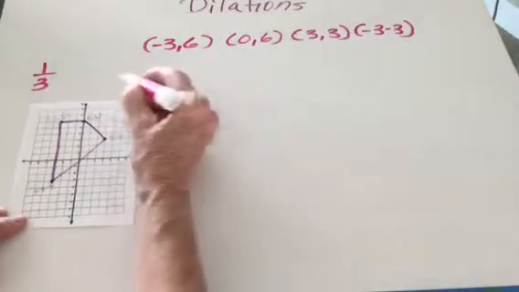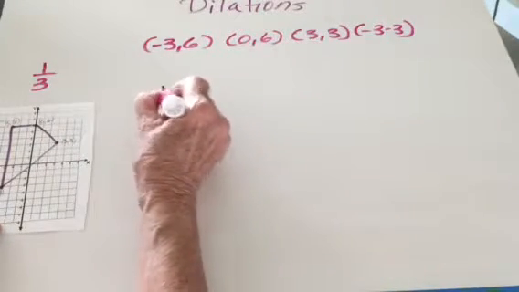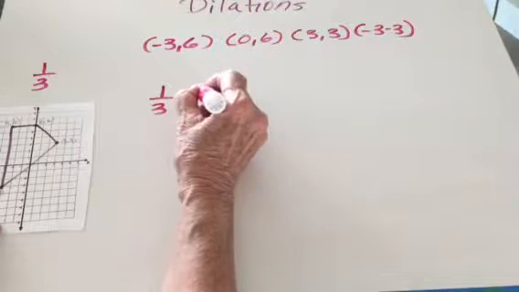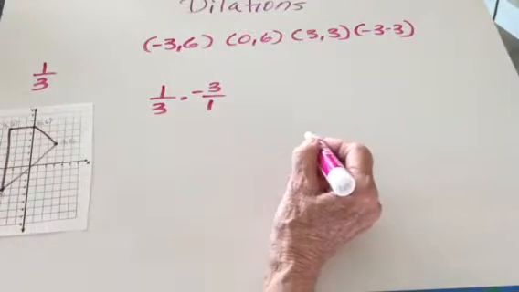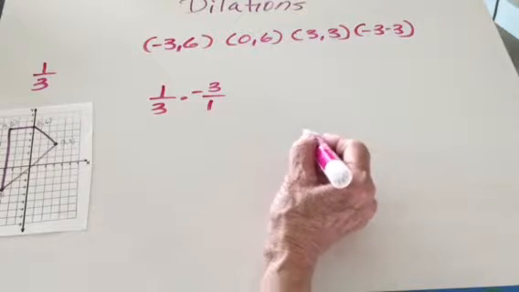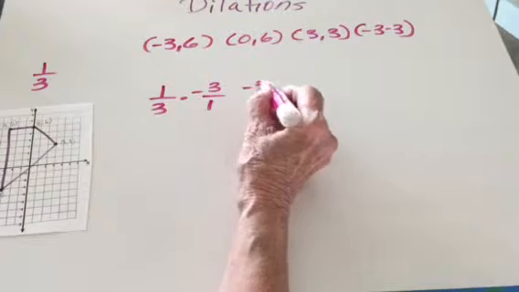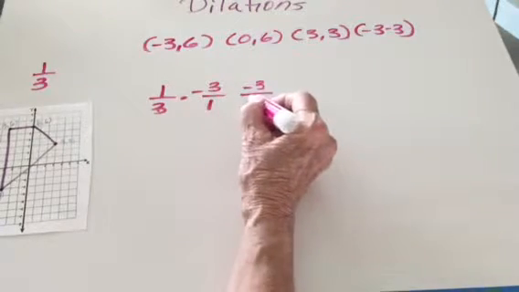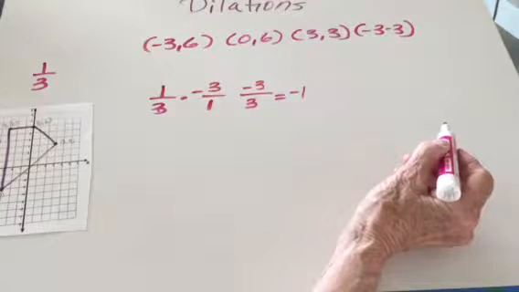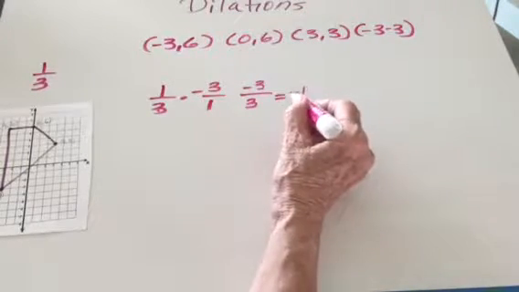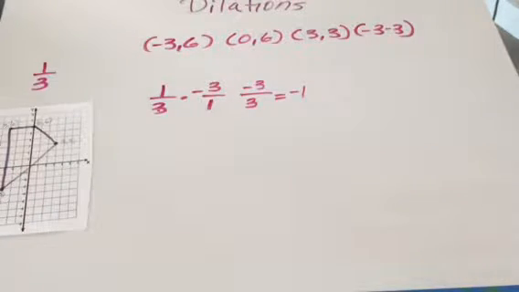All right. I have to take 1/3 of -3. What is 1/3 times -3 over 1, by the way? Well, can't I just multiply straight across? 1 times -3 is -3 divided by 3. Well, isn't that just -1? So look, every time I see a -3, I'm going to cheat a little bit here, so I don't have to do this a million times.